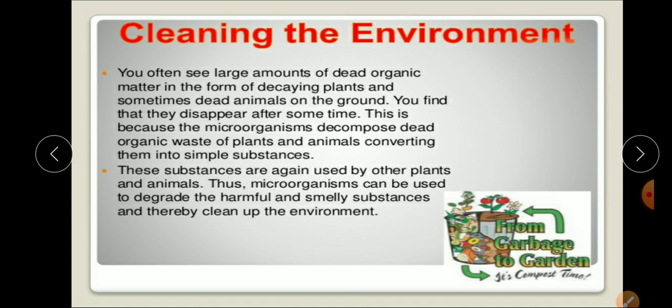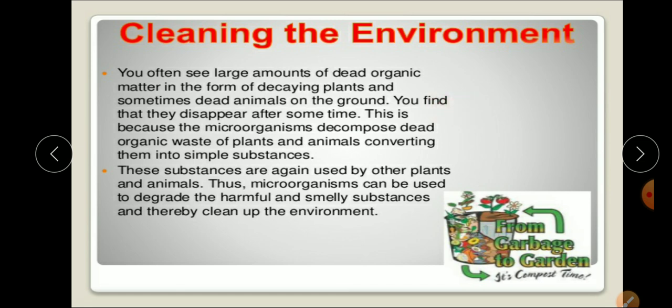Then how do they help us to clean the environment. Cleaning the environment. You often see large amounts of dead organic matter in the form of decaying plants and sometimes dead animals on the ground.